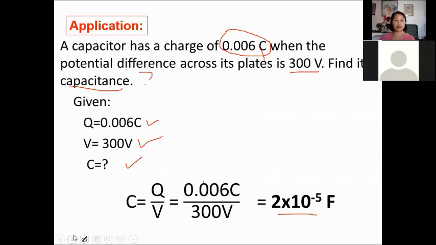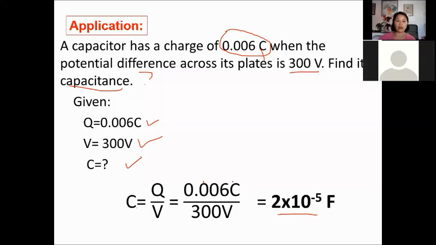Yes, divide this. 0.006 divided by 300. Do you have a calculator? Sheila, do you have a calculator? Just press that, okay? Yes, 1, 2, 3, 4. Check on the calculator, okay? So, 0.006 divided by 300. That is 2 to negative 5.